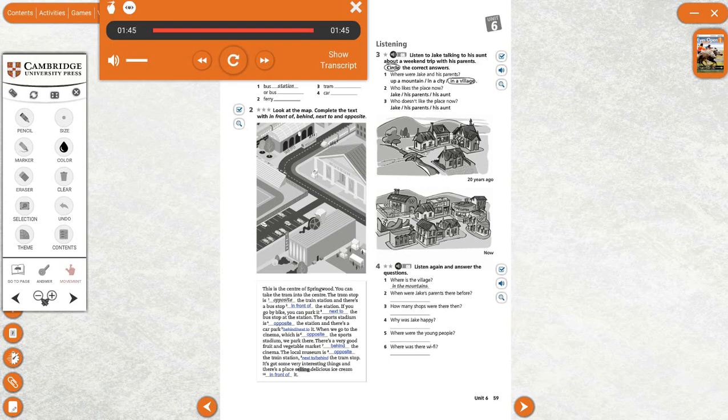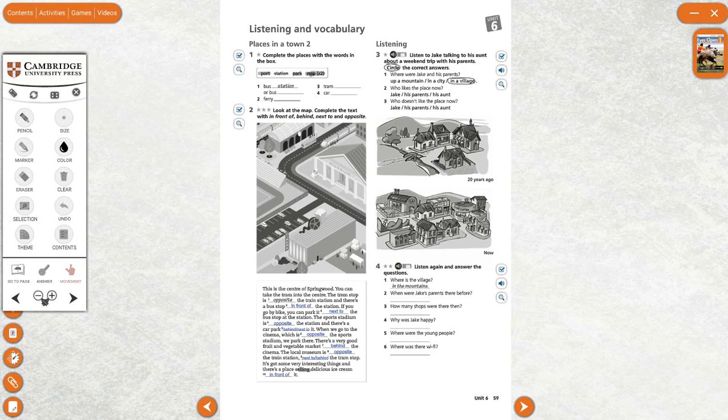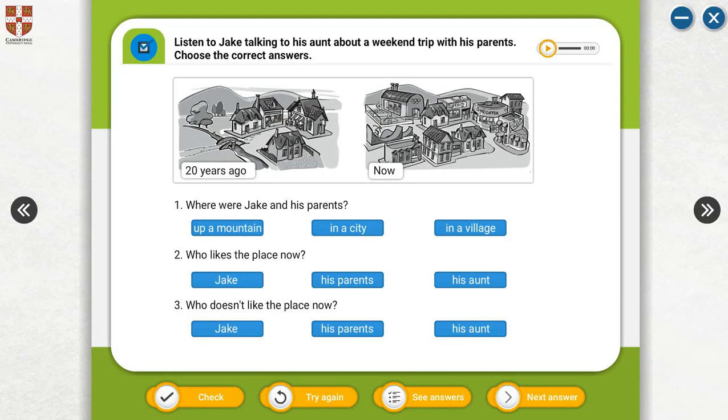Okay, now we can do these two exercises. If you don't understand, please read the listening part again. Then do this exercise. Okay, number 1 is done, so I pass number 2. Who likes the place now? Jake, his parents, his aunt. Jake, the answer.